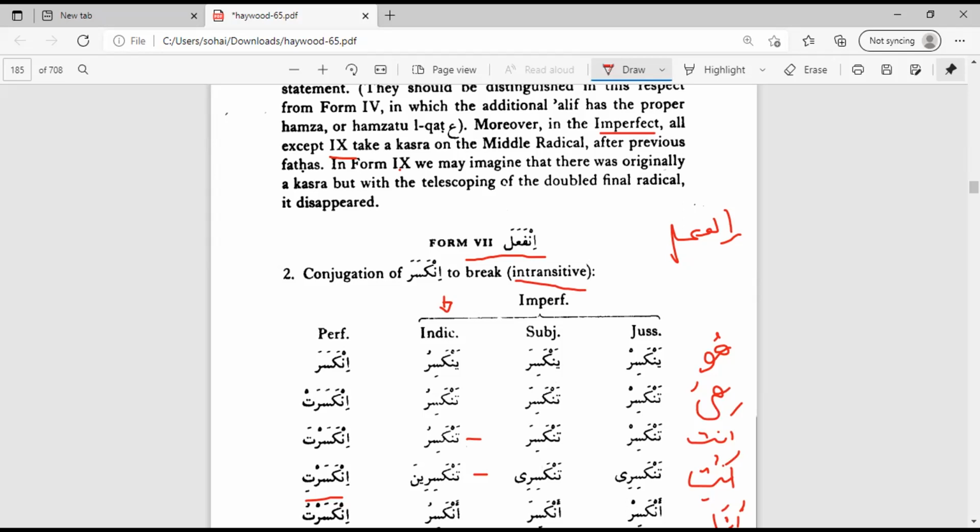This is form 4. So when you make it sukoon, it becomes tuf'il. And when you drop the alamat al-mudari, what happens? The initial hamza, which was af'ala yuf'ilu, that comes out. That's why it's hamzatul qat'. You don't add hamzatul wasl. Does that make sense?